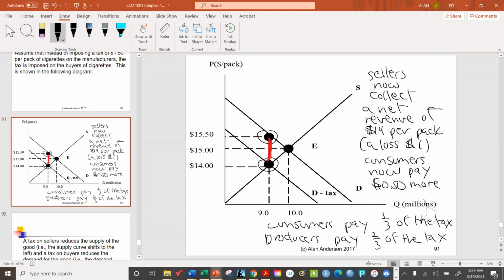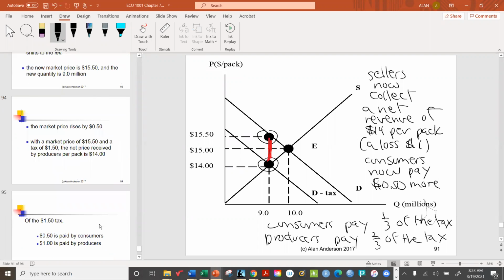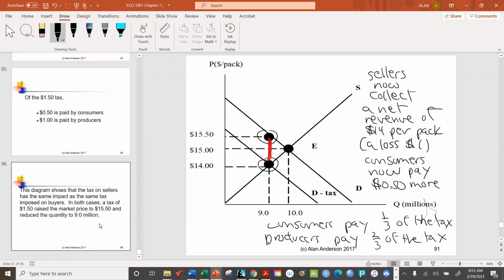Okay, now what about the case where we have, oh, no, that was it. Okay. So in this particular case, it ended up having the same net effect. It ended up not mattering who the tax was imposed on. But there could be cases where it doesn't work this way.